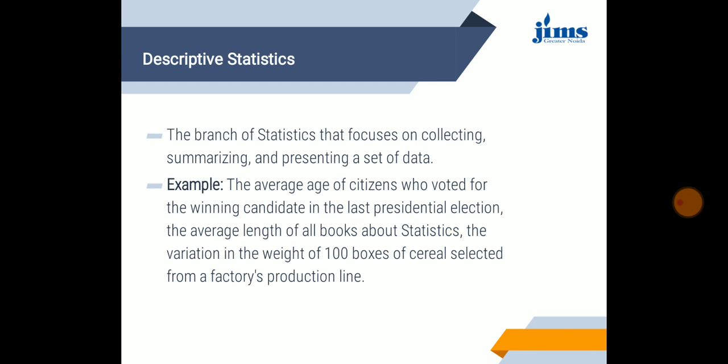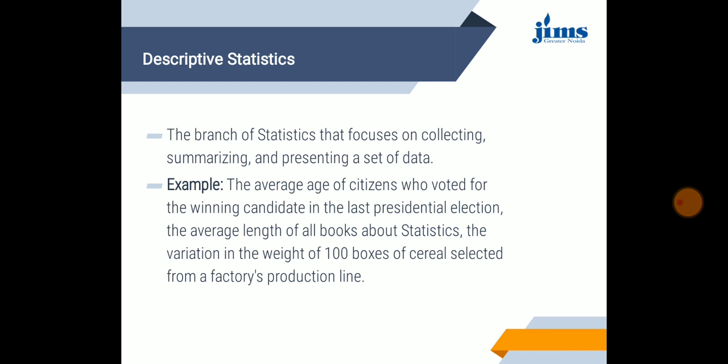Third is the variation of weight of 100 boxes of cereal selected from a factory's production line. That means if there is a production line in which cereals are put into a box, and we have to measure the variation in weight, suppose the first box measures 1 kg, second box measures, let's say, 995 grams, third box weighs 1005 grams.